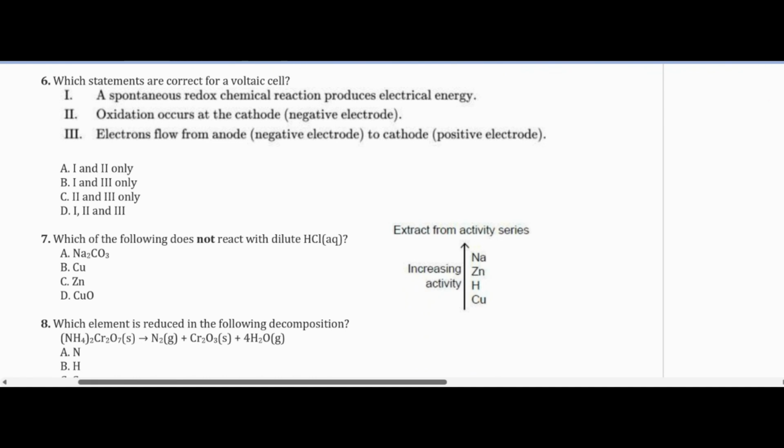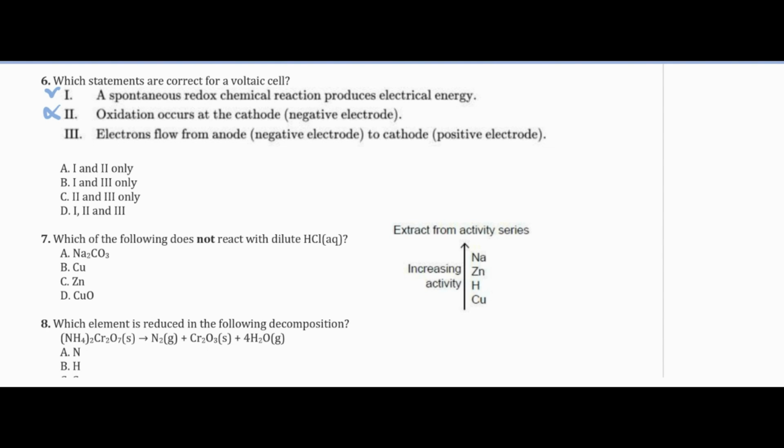Number 6. Which statements are correct for a voltaic cell? A spontaneous redox chemical reaction produces electrical energy. Yeah. Oxidation occurs at the cathode. No, oxidation always occurs at the anode. Say it with me, oxidation always occurs at the anode.